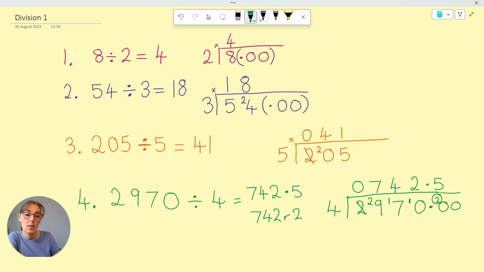Our other option is we could say 742 and then we use our remainder over as our numerator and the divisor as the denominator. So 2/4 is equal to, what is it equal to? 1/2, that's it. 742.5. And we can see that 1/2 is equal to 2/4. 1/2 is equal to 2 out of 4. 1/2 is equal to 0.5.